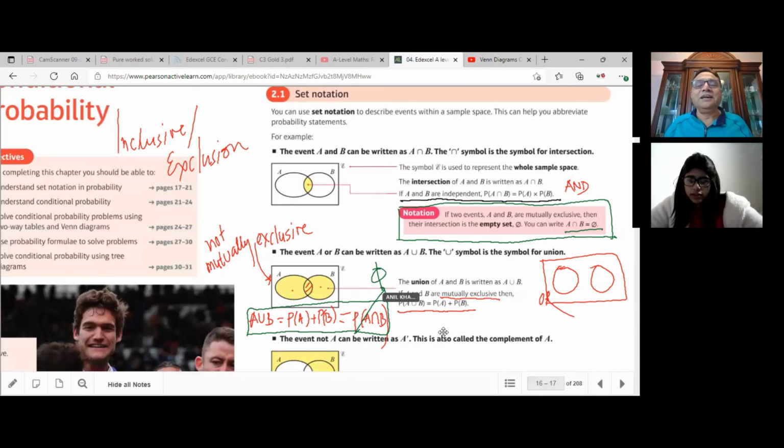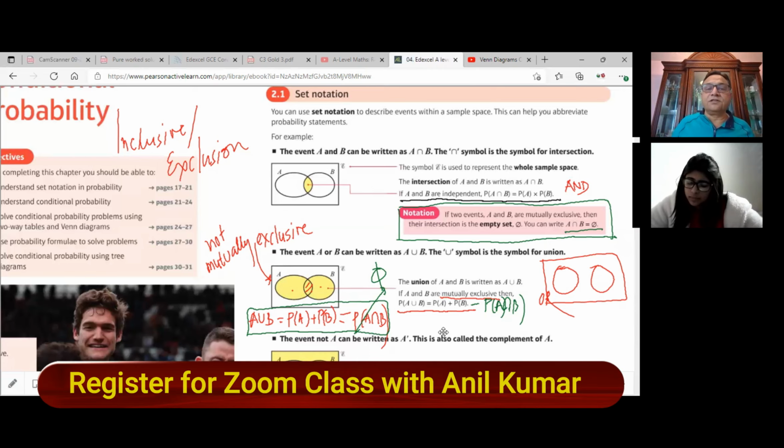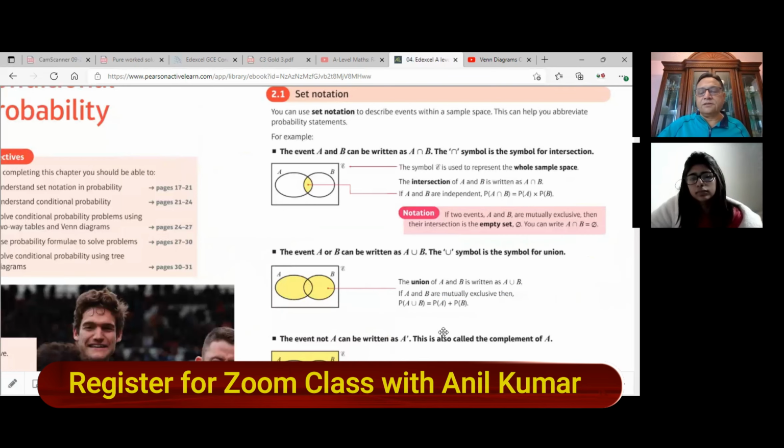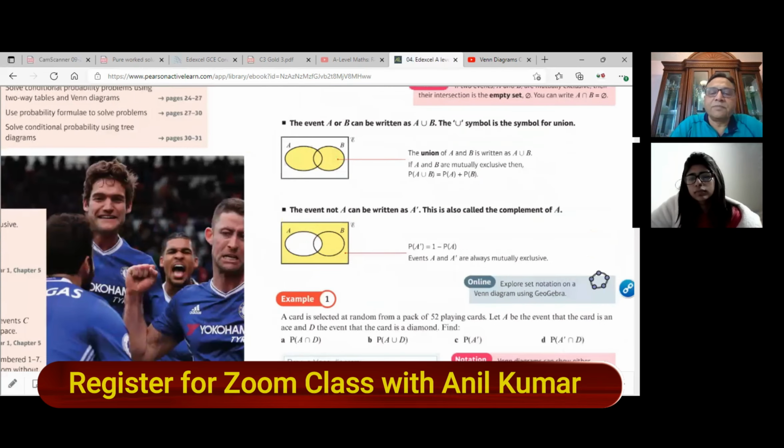So you have probability of A plus probability of B. Strictly speaking, we should have included here probability of A intersection B, because if they are mutually exclusive, their intersection is the null set, so you don't take away anything. Are these points absolutely clear to you? Okay, let me clear this and you can move along.